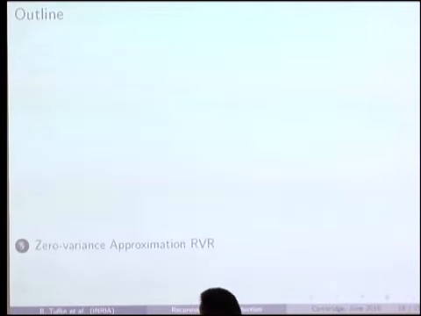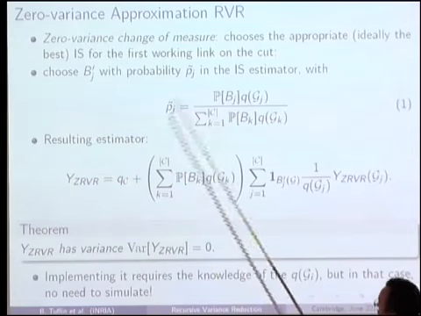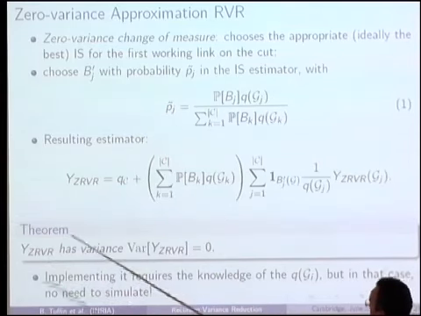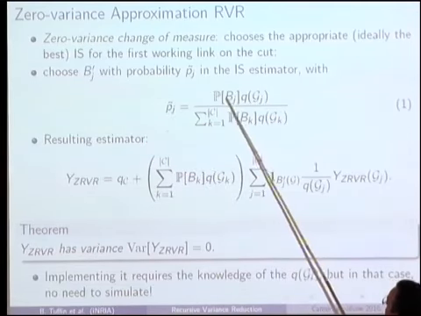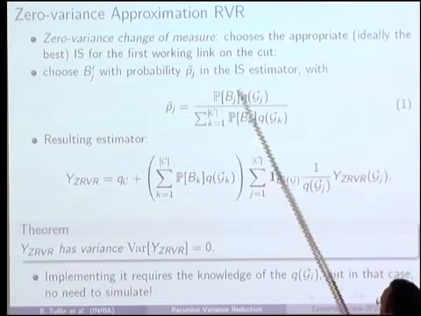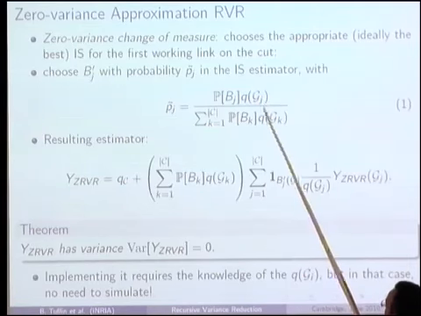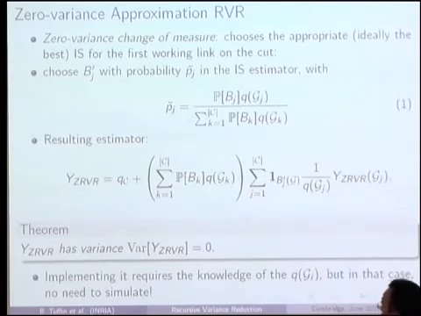So another estimator that we have implemented is a so-called zero variance approximation, RVR. So the idea now is not to use a uniform distribution for the pj tilde, but to choose the first link that is failed on the cut according to this probability, where we take it proportional to the initial probability, multiplied by the unreliability of the subgraph Gj, and we normalize it to have probability 1 over all the choices.